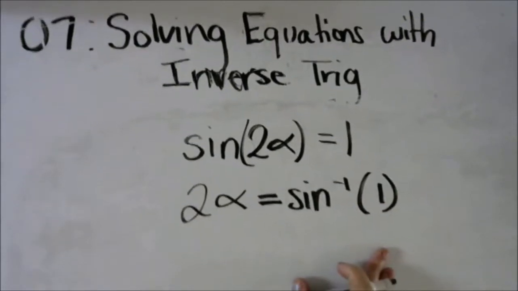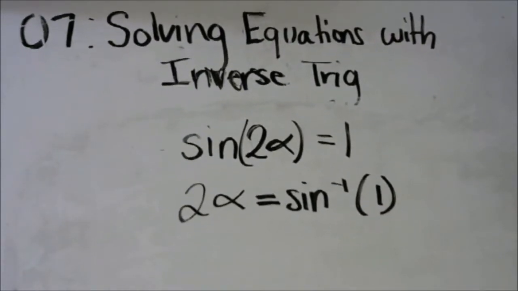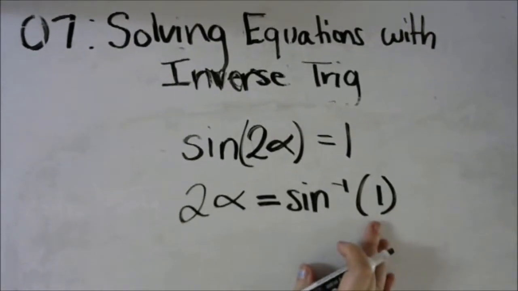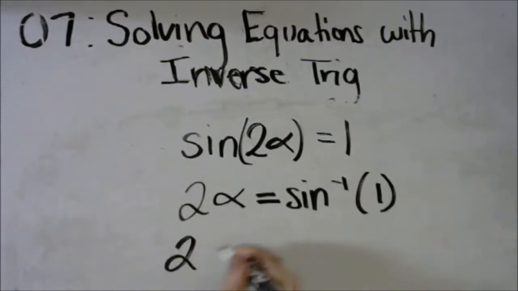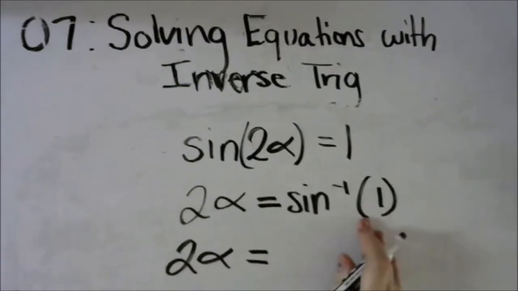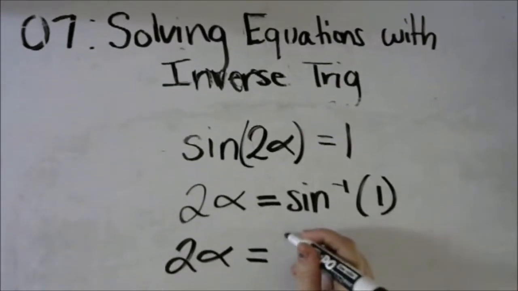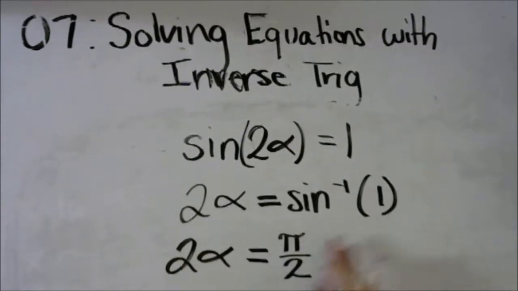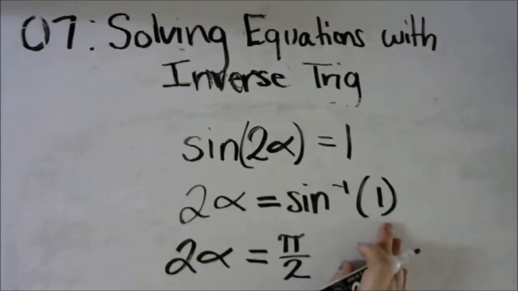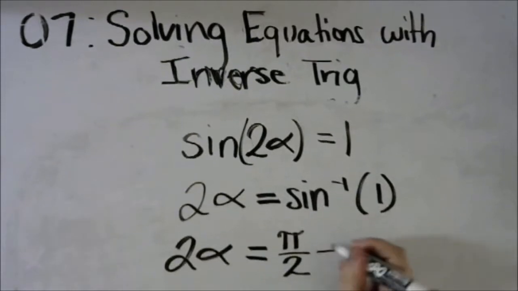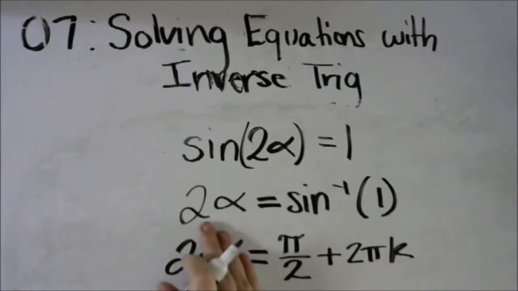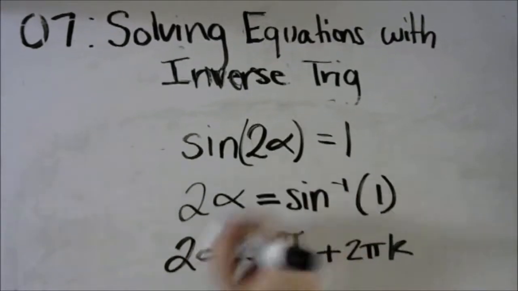Where on the unit circle does sine equal 1? Sine is equal to 1 at pi halves. And then how often does this value repeat? Notice I still have it as equal to 2 theta.